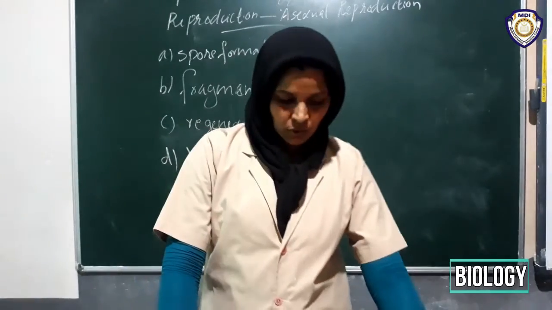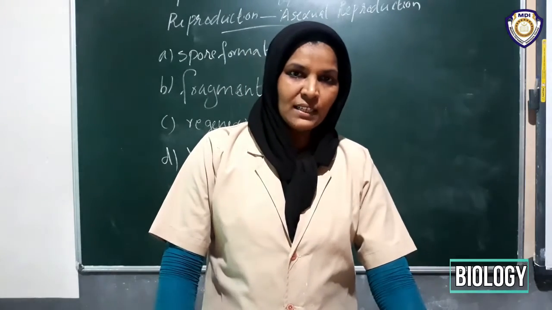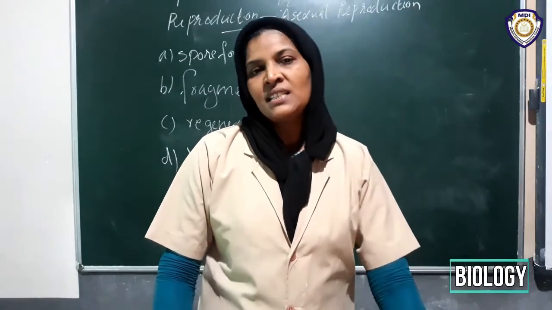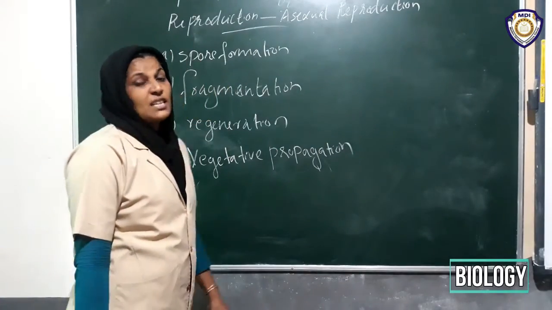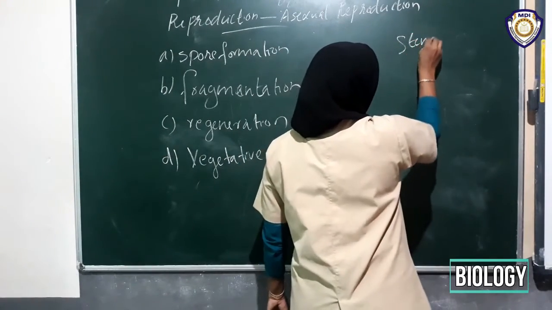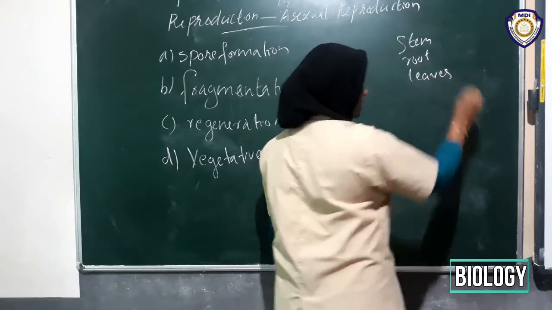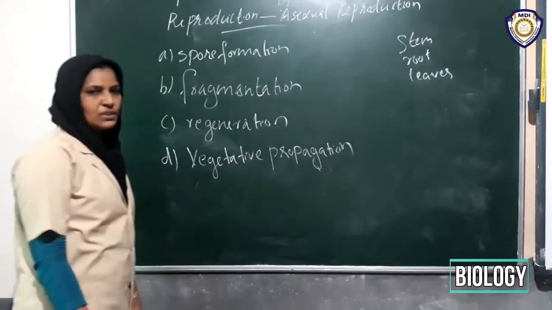A plant develops, not from seeds, but from its vegetative parts such as root, stem and leaves. These are the vegetative parts of the plant. So we have to study it.